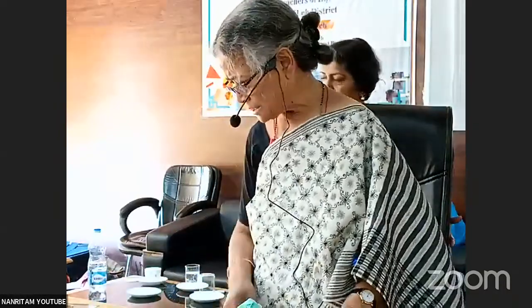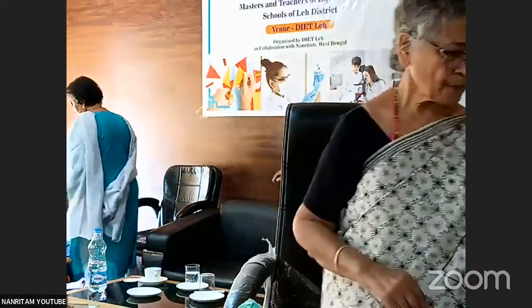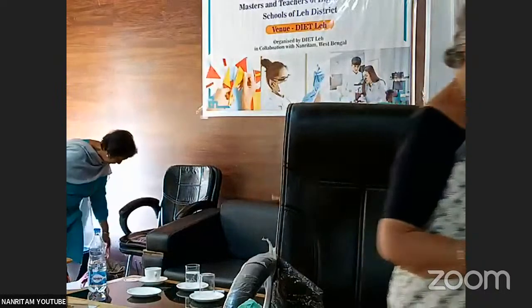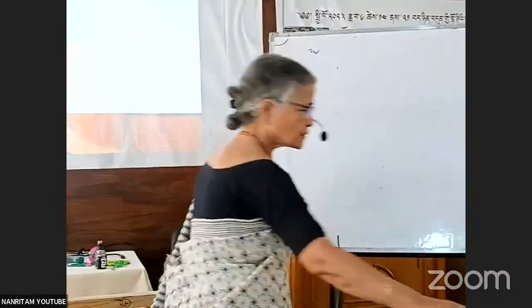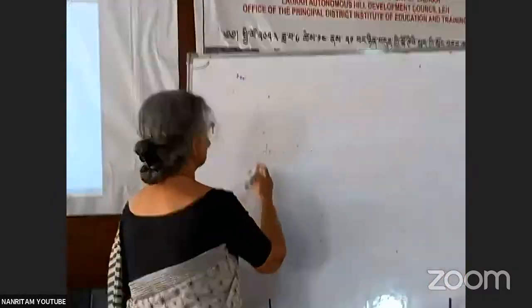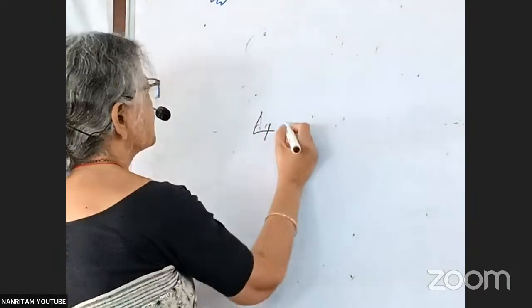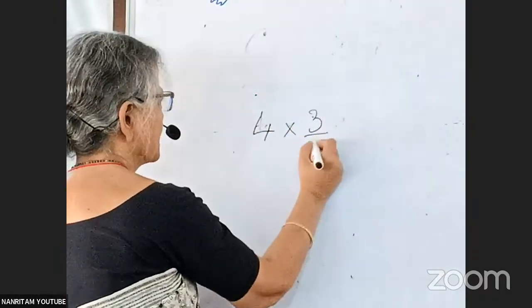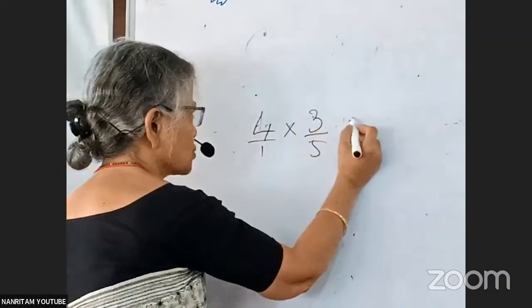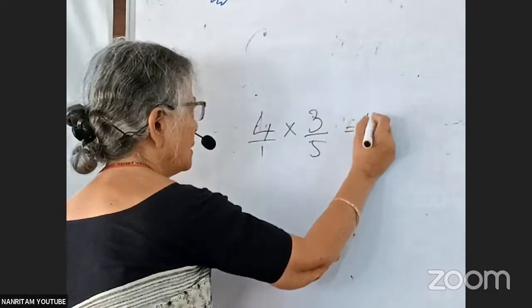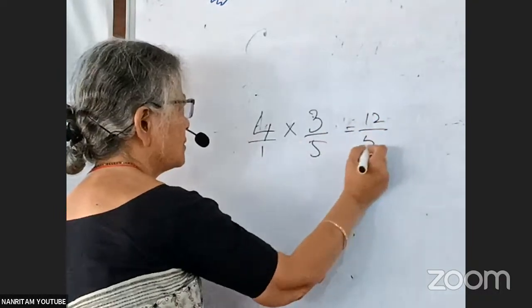Of course, the multiplication of fractions that has been given is 4 times 3 is 12, and 5 times 1 is 5.